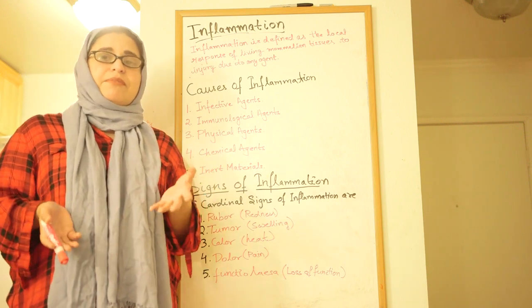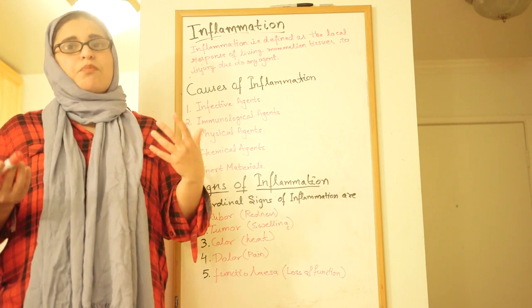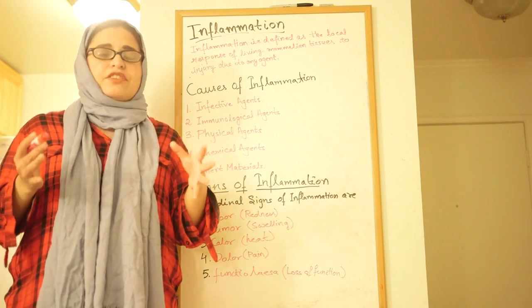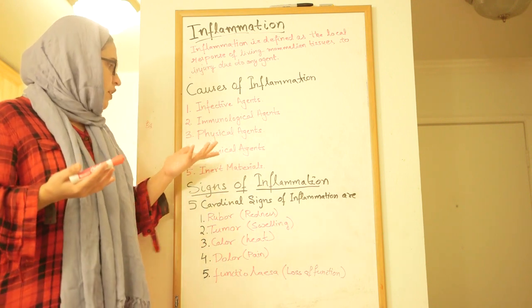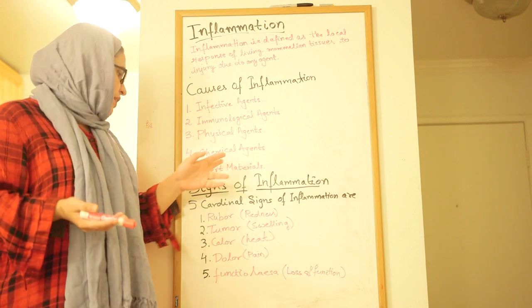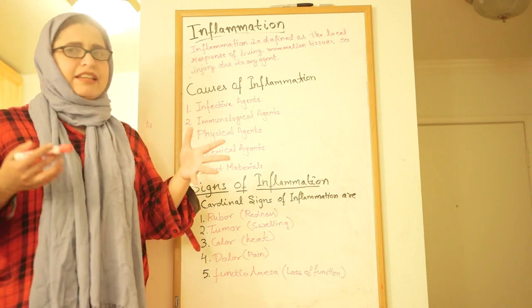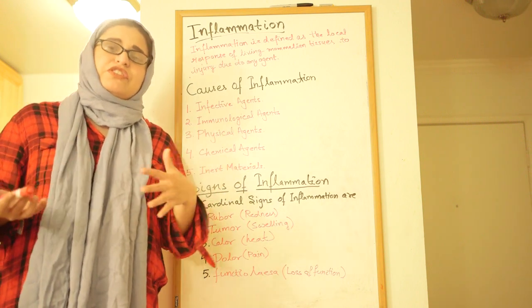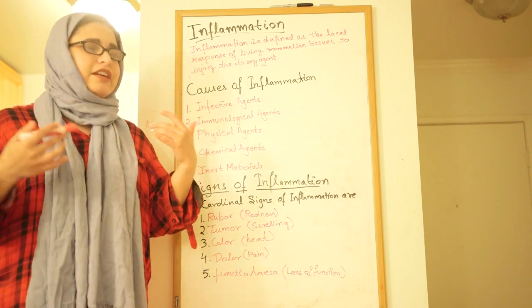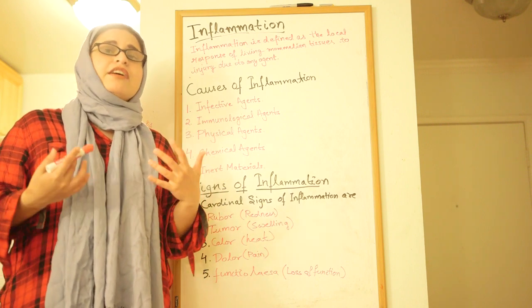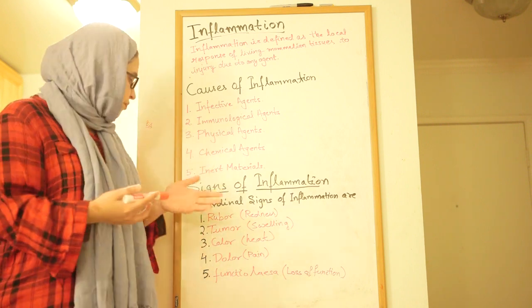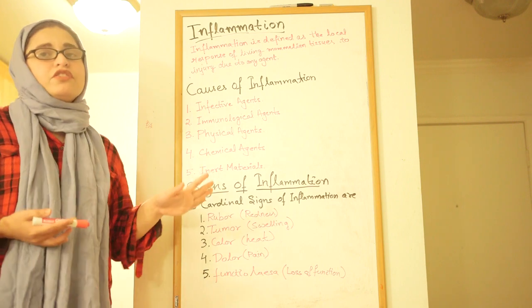Chemical agents can be organic or inorganic poisons or acids, or any of the chemicals. Then we have inert materials. Inert materials can be any foreign materials which enter our body or lead to injury in our body and may lead to inflammation. So these are the causes of inflammation.